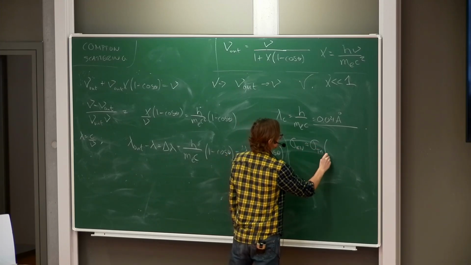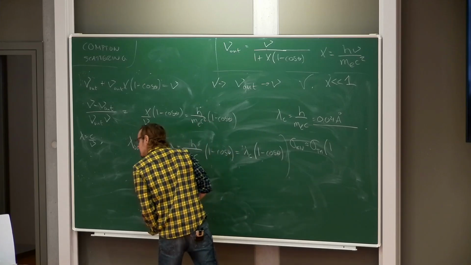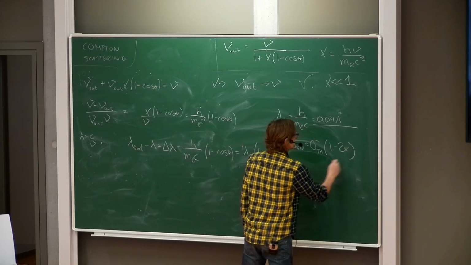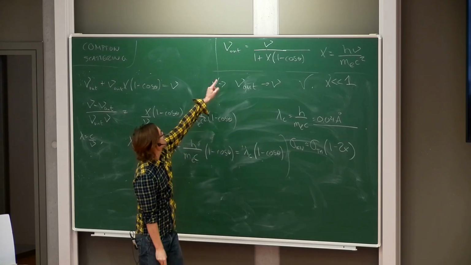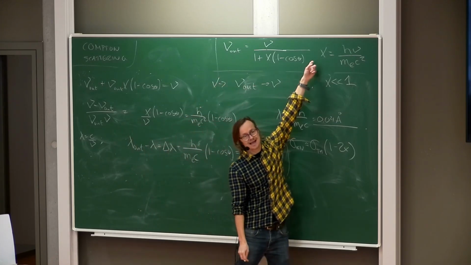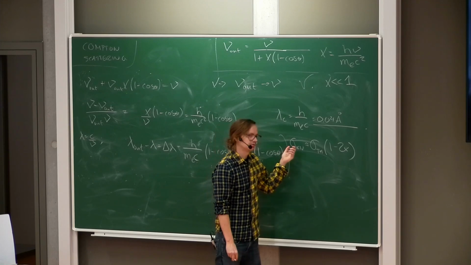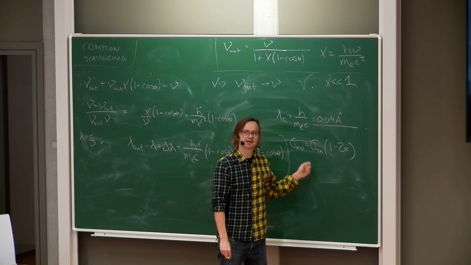It's the Thomson cross-section times 1 minus 2x, where x is the same factor as this one. To derive this is called the Klein-Nishina formula.